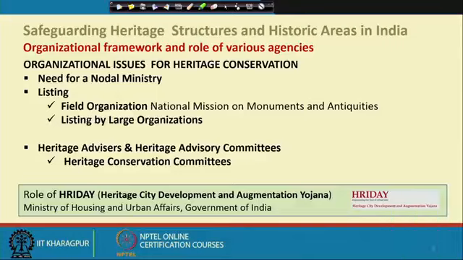Now, this has really played a pioneering role, but we also must remember that these concepts are very area based and local. They have to be integrated with the local development plan and the stakeholders, but definitely Hriday has addressed some of the basic issues and challenges, and some very interesting works are being carried out under this scheme.